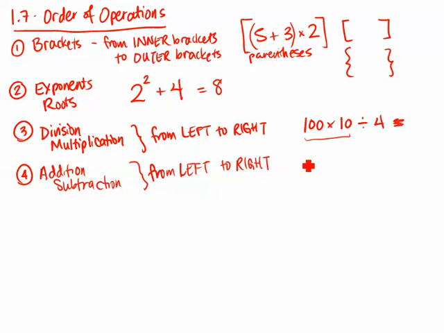So if I have the problem 10 minus 2 plus 3, even though addition looks like it comes first, then we have 2 plus 3 is 5, 10 minus 5 is 5. You might think that that's the answer if you did addition first. But because they're both in the same family, both subtraction and addition have the same priority. So in this case, I move from left to right. So 10 minus 2 is 8, 8 plus 3 is 11.